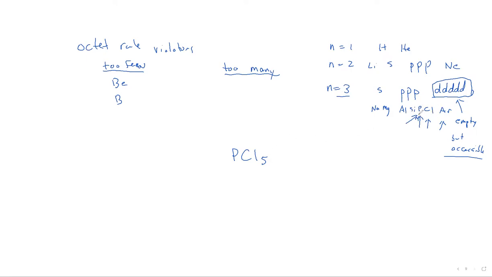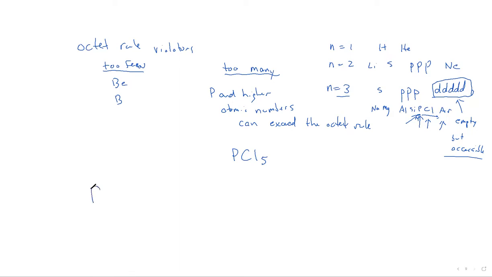So phosphorus and higher atomic numbers can exceed the octet rule. And so we have something like PCl3, PCl5.